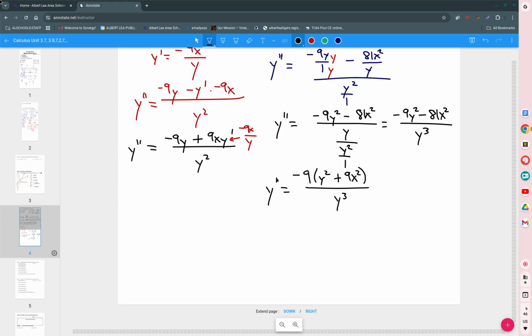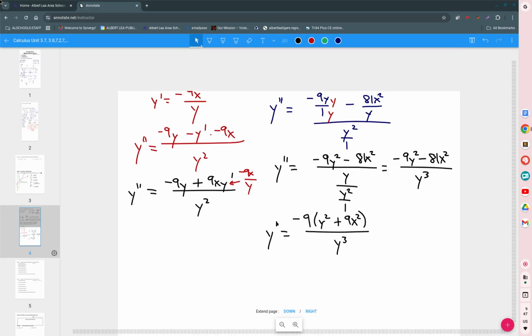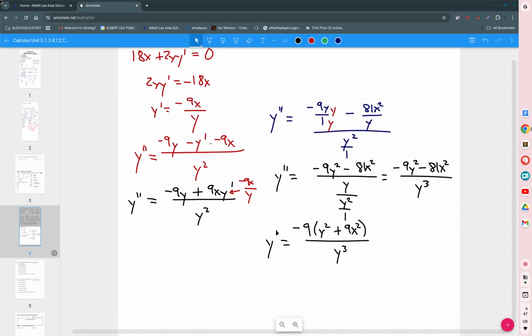I'm not seeing it. That's what it is. Say it again. That's what it is at the beginning. So what is what at the beginning? Oh, I see. Y squared plus 9x squared?